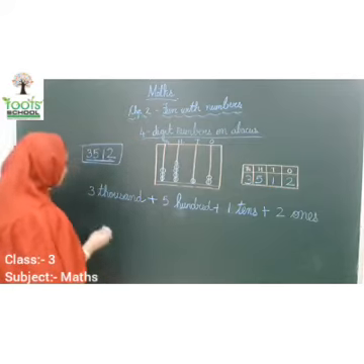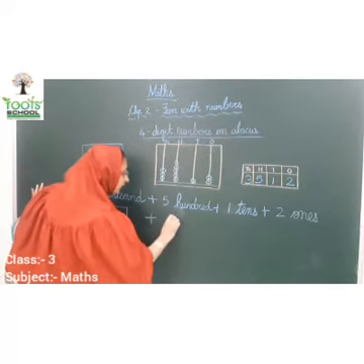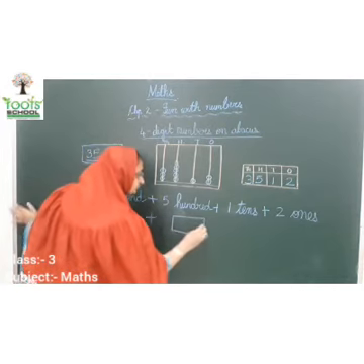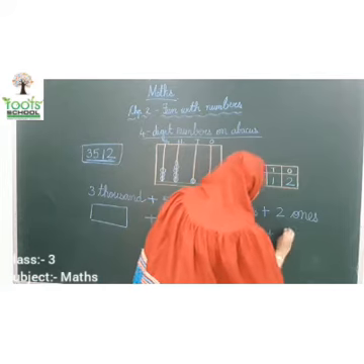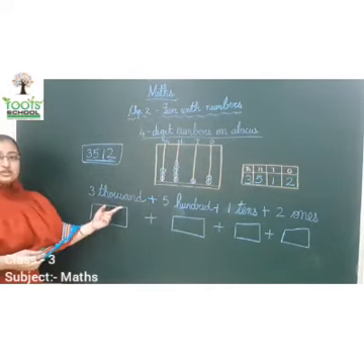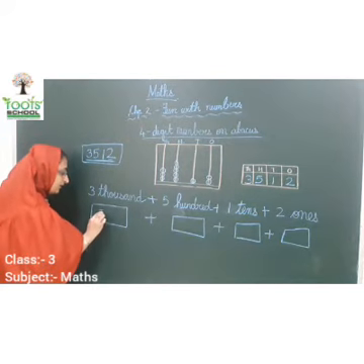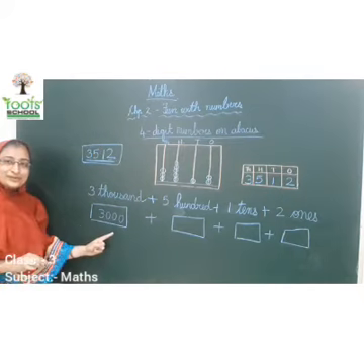And if we write in the number form, how is it going to be? It is 3000. So how do you write 3000? 3. This is 3000.